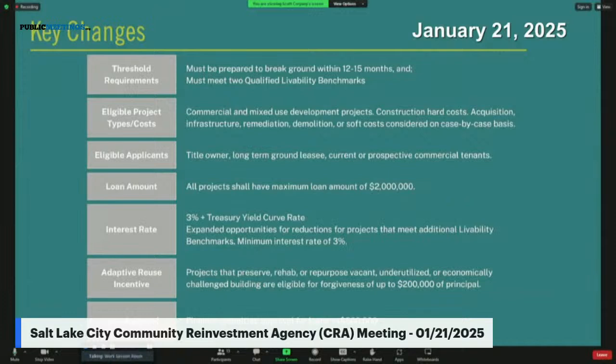And while this change would increase the risk on our loans, it would allow for more diverse applicant and project types. I'm very supportive of that. I don't know about other board members, but I definitely think commercial construction is more often driven by the tenant than the landowner.